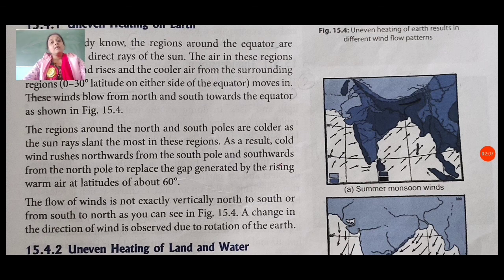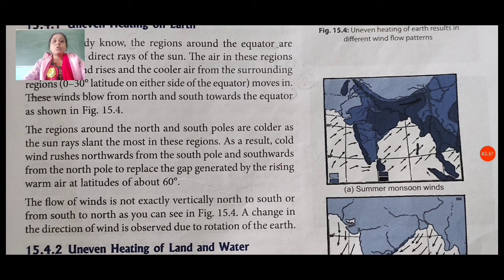That means areas which are in the straight direction of the sun get straight rays, so the atmosphere of these regions is very hot, while the regions which do not get straight rays are not as hot as compared to others.